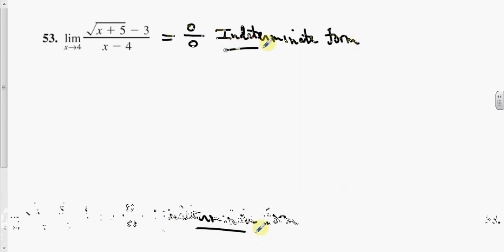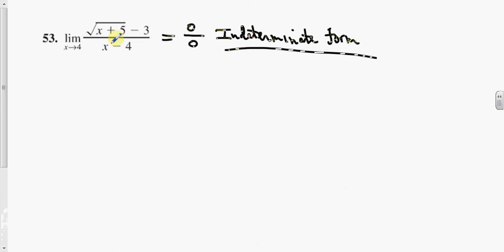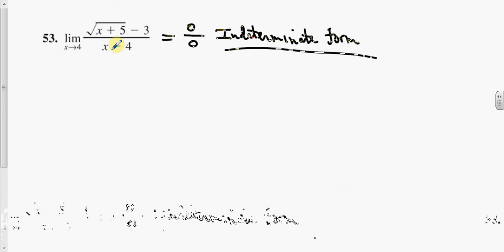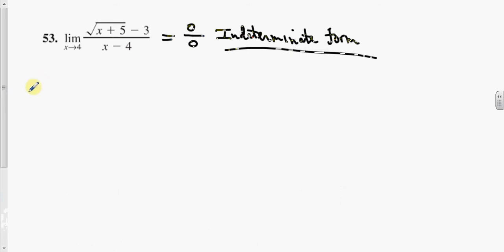So if that is the case, we said that number 1, we can factor. Well, we can't factor this. Number 2, we can rationalize if you have a radical. Well, we'll employ that, or you can use L'Hopital's rule, and I haven't discussed that yet. So we're going to rationalize.